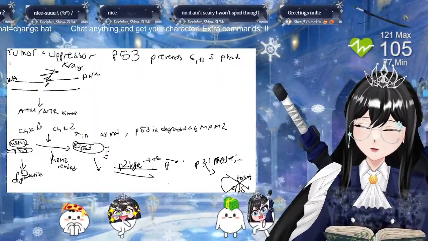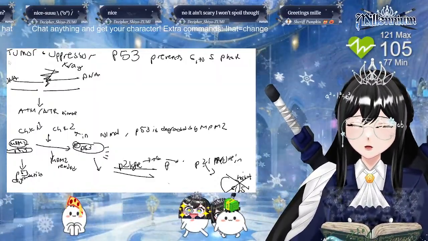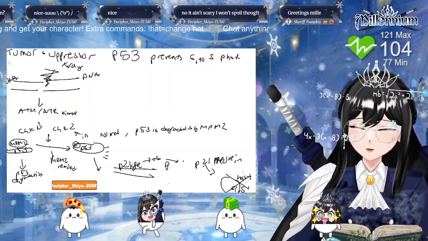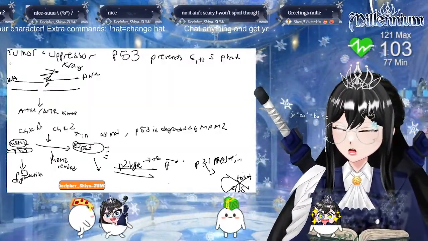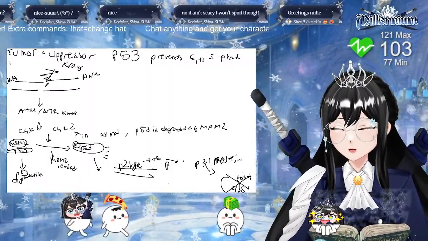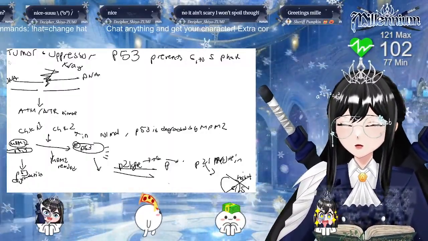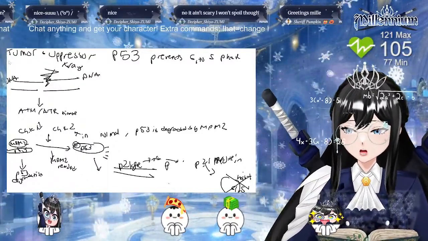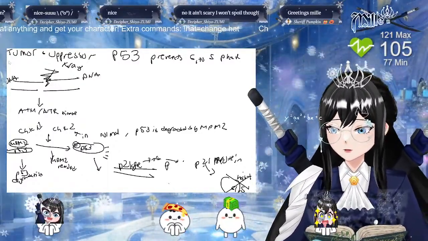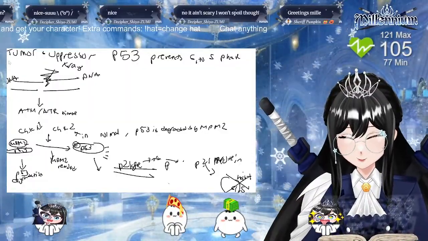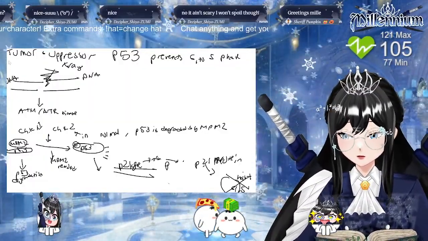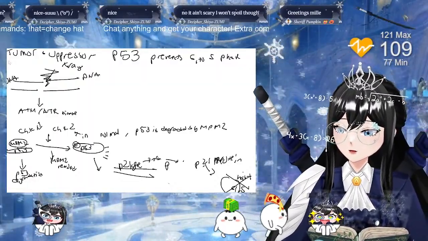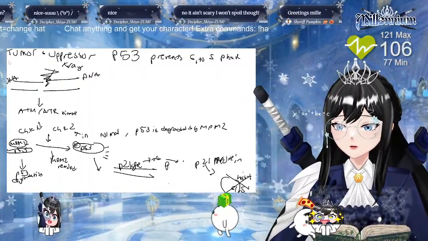CHK1 and CHK2 would then lead to phosphorylation of your inactive P53, so MDM2 gets removed from it, and P53 is now free to make the P21 protein using the P21 gene. Then the P21 protein can halt the cell cycle, because it will lead to the binding of P21 to your G1/S CDKs. So that is the whole cell cycle set.